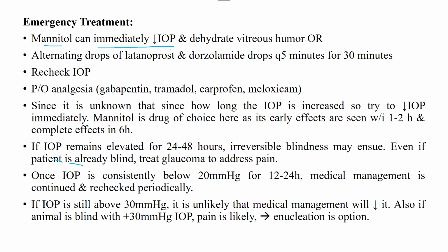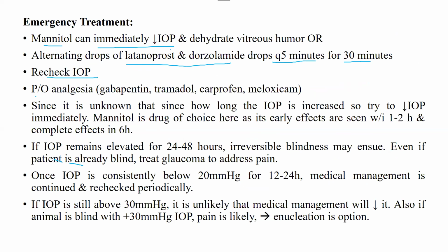So mannitol can immediately drop IOP and dehydrate the vitreous humor, or you can go for latanoprost or dorzolamide drops every 5 minutes for 30 minutes. Then after that, you have to recheck the IOP and see how much it has decreased.